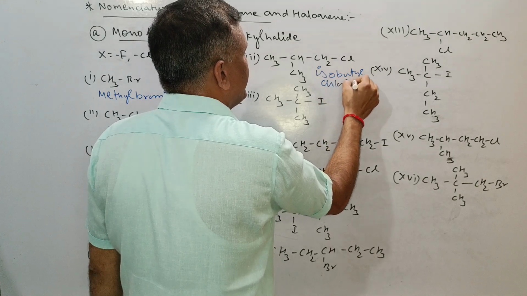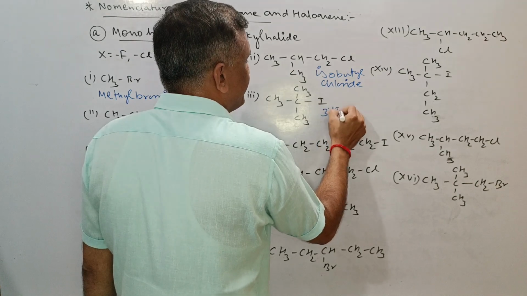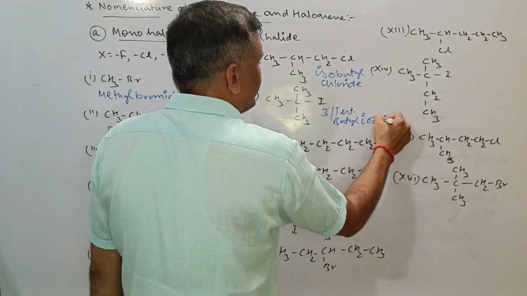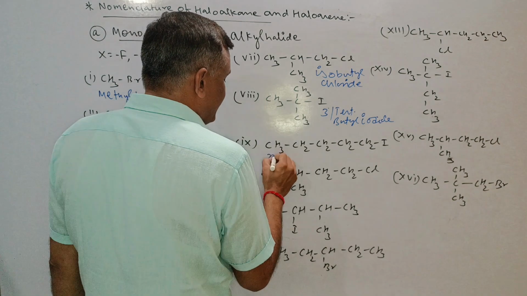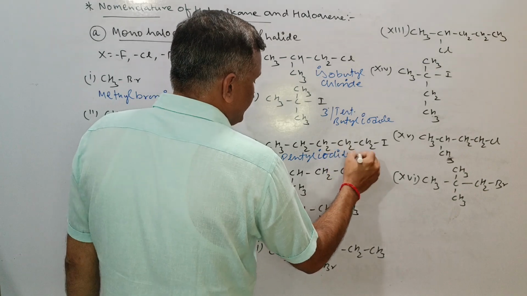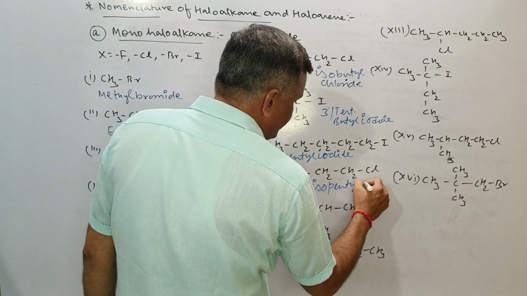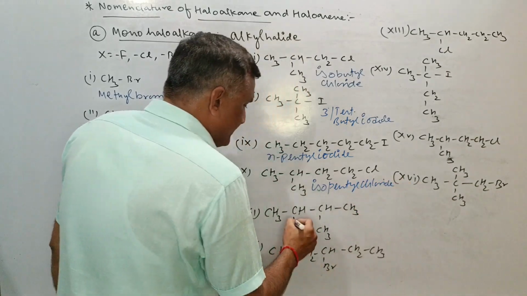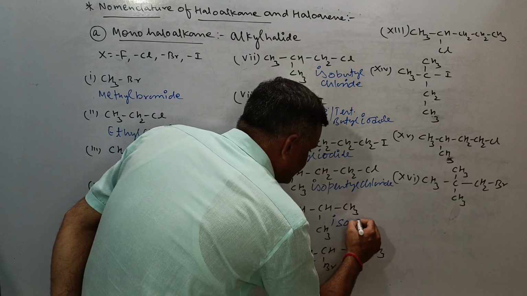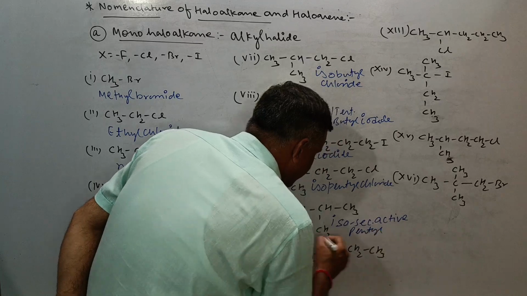This is called 3 degree, or tertiary butyl iodide. This is for just 5 carbons, so n-pentyl iodide. This is isopentyl iodide. Isopentyl with Cl is chloride. This is secondary active pentyl iodide.